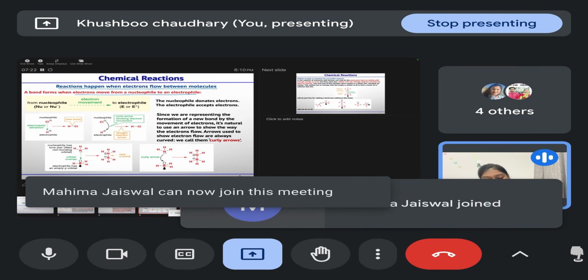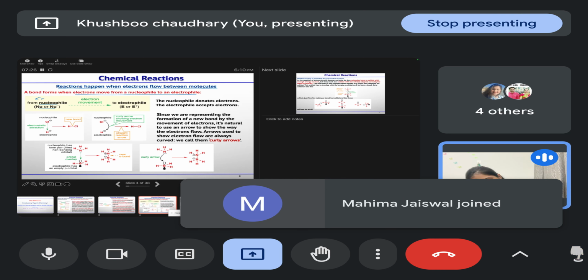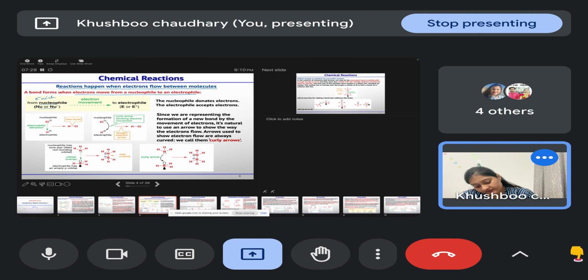Nucleophiles are electron rich species, and electrophiles are electron loving species or electron deficient species. So a donor that has electrons can donate a pair of electrons to the species that wants electrons.